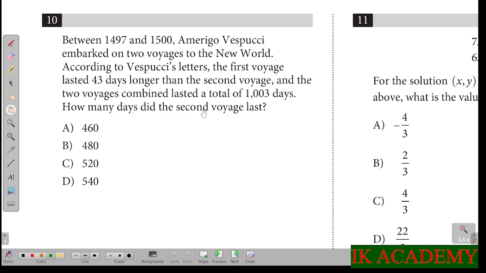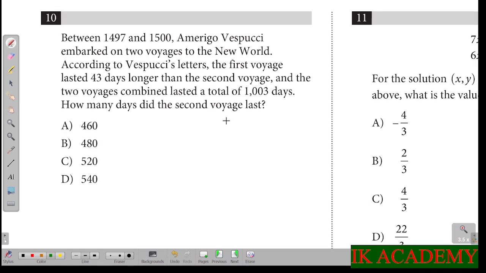How many days did the second voyage last? According to the question, we need to find the days of the second voyage.